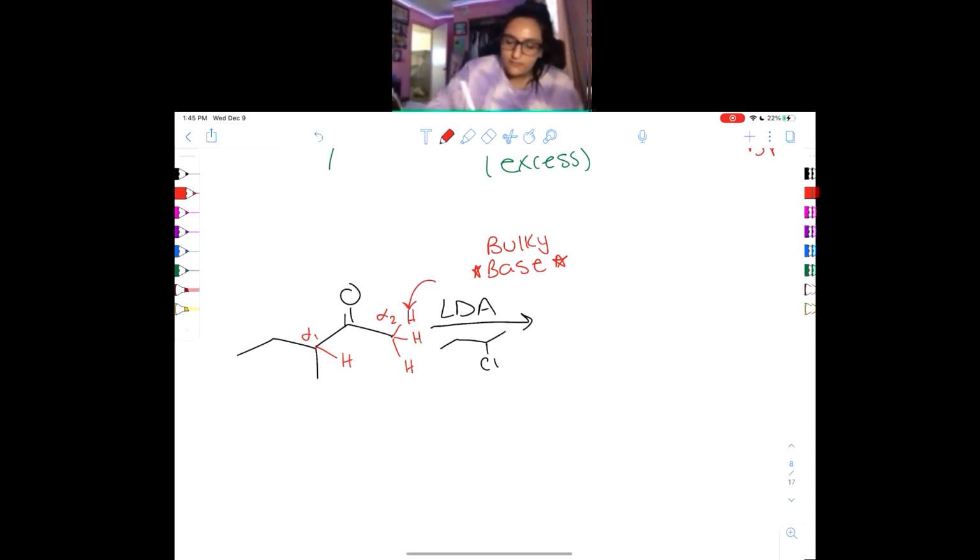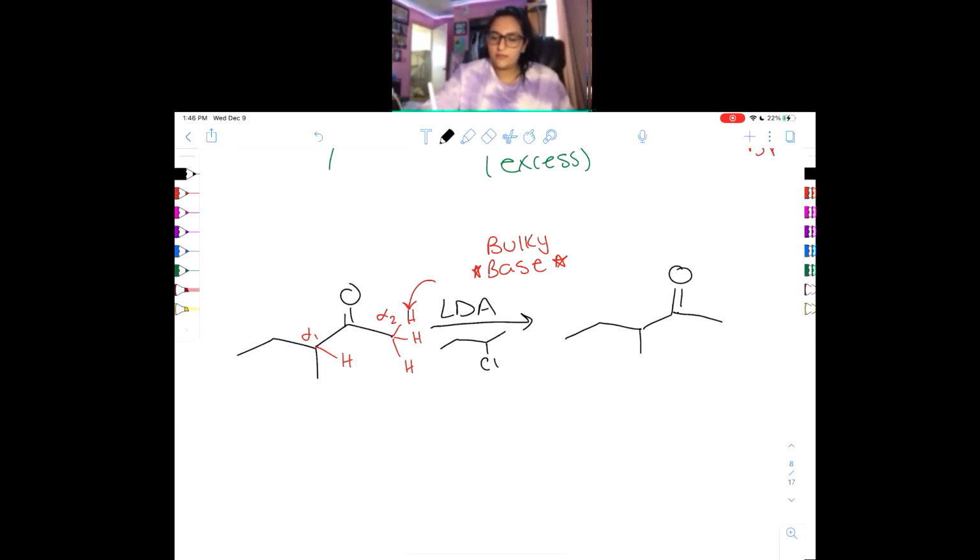So instead, we're going to steal this hydrogen on alpha 2. Therefore, our product will look like this. And remind me, in this second step, when we attack the alkyl halide, what type of mechanism do we use? SN2, sweet.